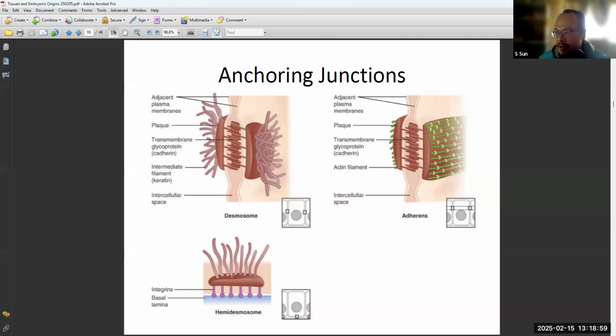It can also anchor cells into the basal lamina, also called the basement membrane. You have this ground, and it will just anchor on that ground. So that is this feature.